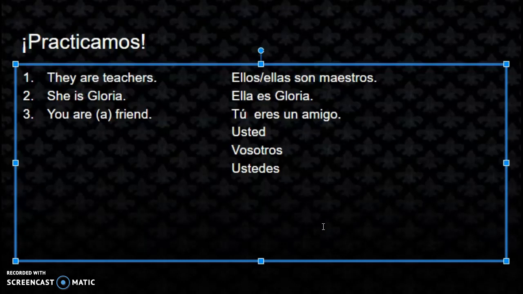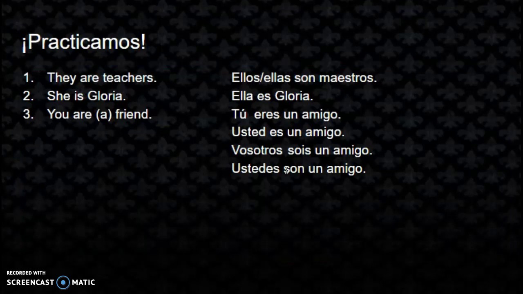So usted, that box for you are is going to be es, un amigo. Vosotros box is sois, un amigo, because that's how you say are within that box. Y finalmente ustedes son un amigo, because ustedes and son are in the same box.